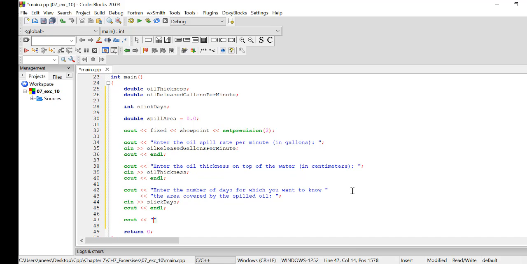And then you can see cout, oil slick area after each day for slick days. endl.